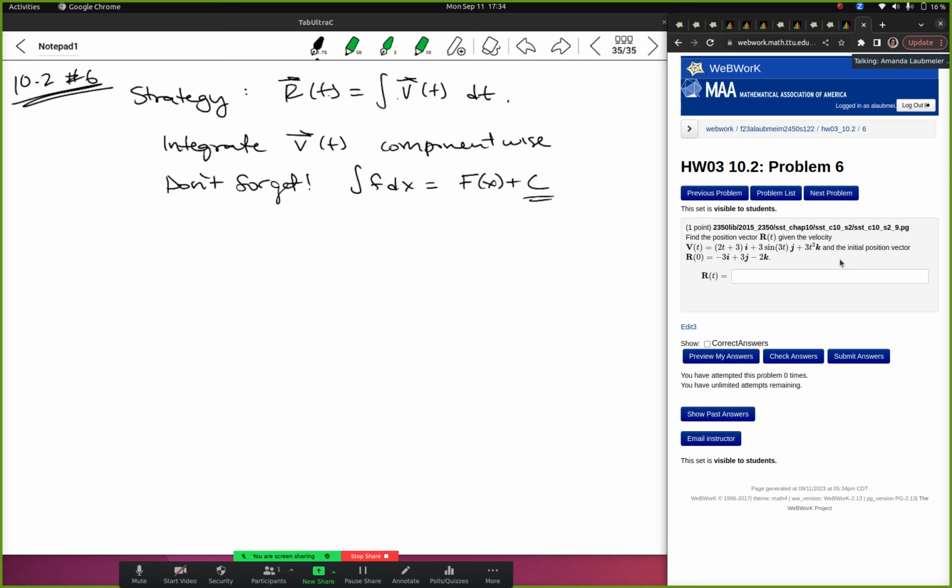So when you take your antiderivative of little f dx, you get some capital F, a function of x, but then there's also an unknown constant on the end that we don't necessarily know. And then you're going to use r of 0 to find C.